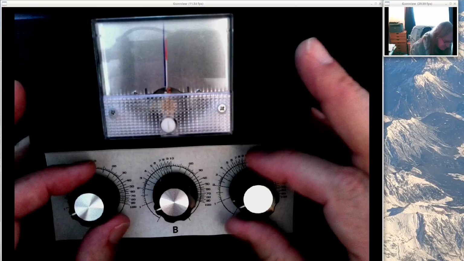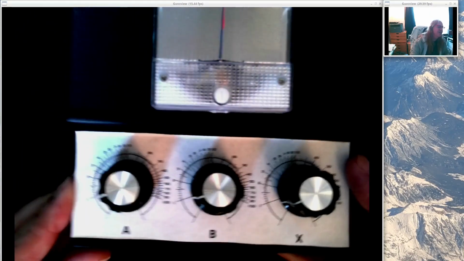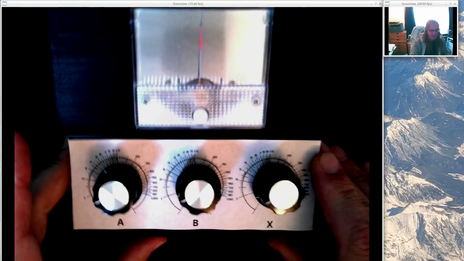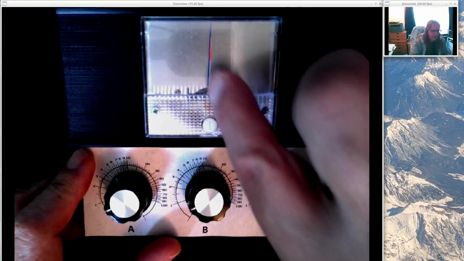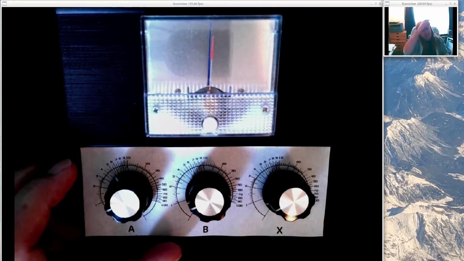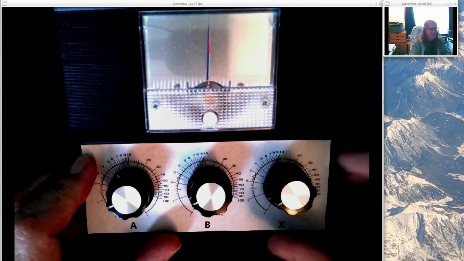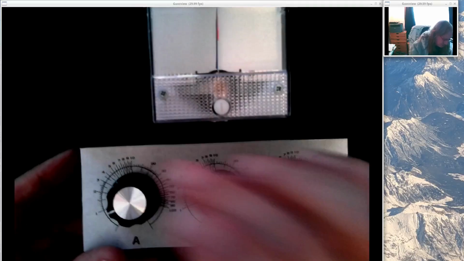But to explore its behavior, we can start off by putting this dial at 1, this dial at 1, and this dial at 1, and our meter is centered. So this blue line underneath the dial represents 2.5 volts. And so if you want to do arithmetic, basically what you do is you turn this first dial.